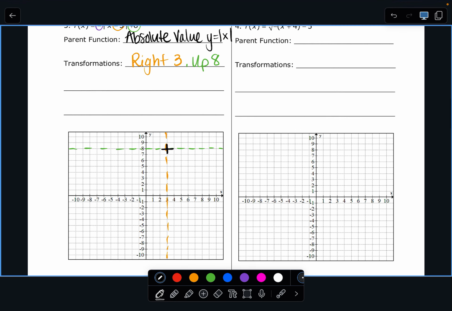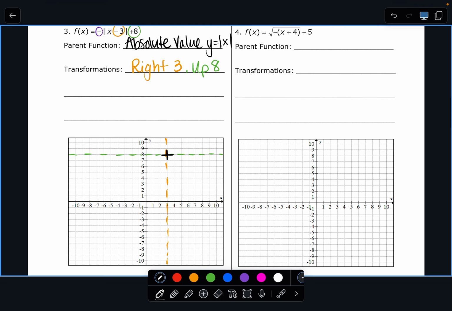Now, the negative in front, it is technically outside of the parent function because it's not inside the absolute value bars. So anytime you have a negative outside, that's going to be a reflection over the x-axis. So if it's outside, it's going to be the x-axis. If it's inside, it's going to be the y-axis.